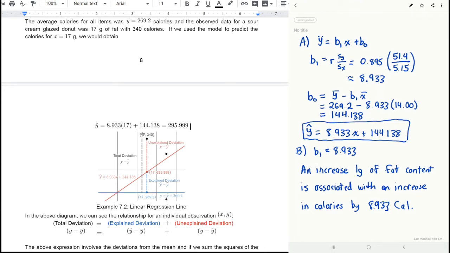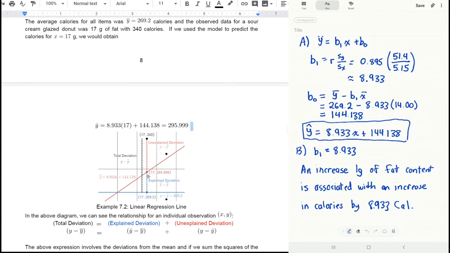So we had 17 grams of fat with 340 calories. What the line predicts is a value of 296. Now this blue line down here is the average calories for all of the items, and we found that the average was 269.2.